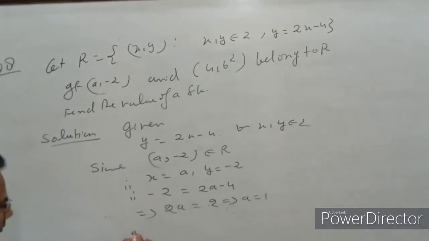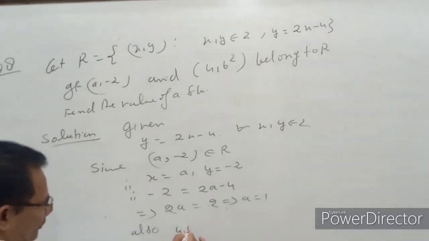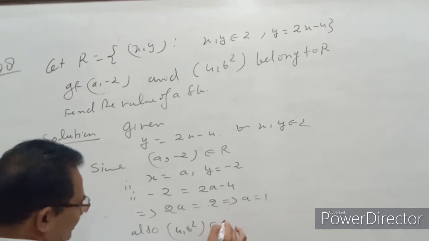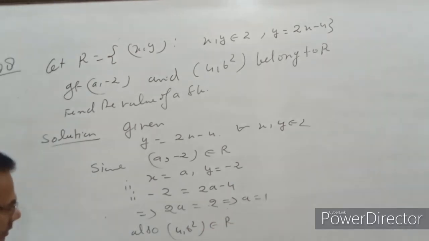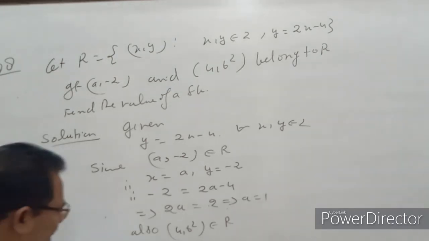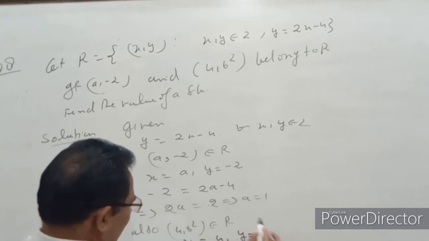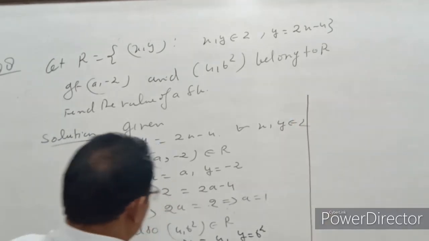Also, the ordered pair (4, b²) belongs to R. This implies that the value of x is equal to 4 and y is equal to b².